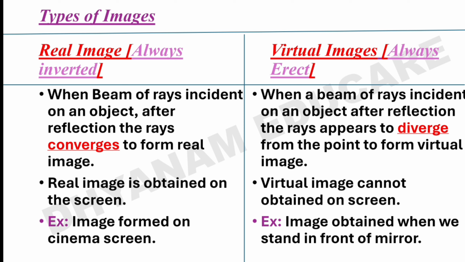When a beam of rays is incident on an object, after reflection the rays appear to diverge from a point to form a virtual image. Real image can be obtained on the screen and virtual image cannot be obtained on the screen. Example for a real image is the image formed on a cinema screen. Example for a virtual image is the image obtained when we stand in front of a mirror.